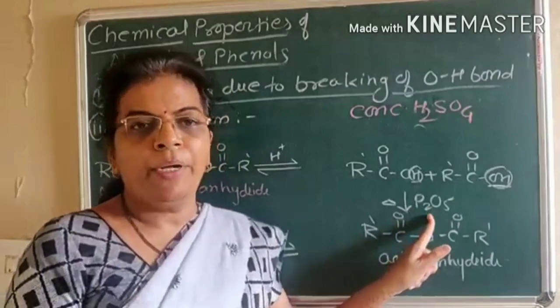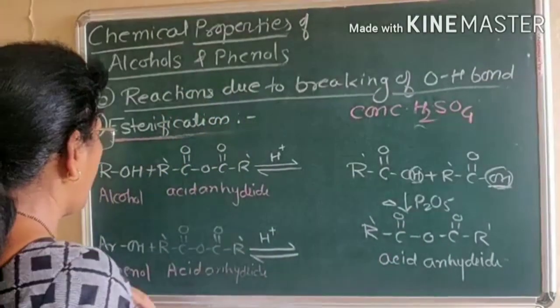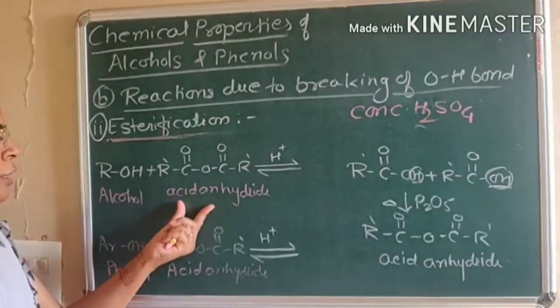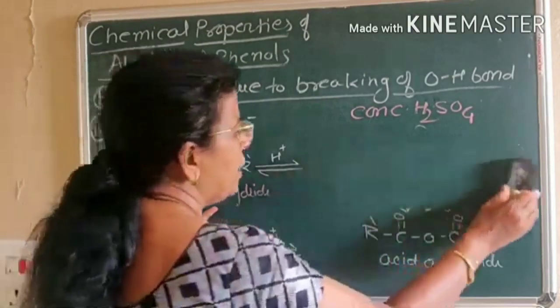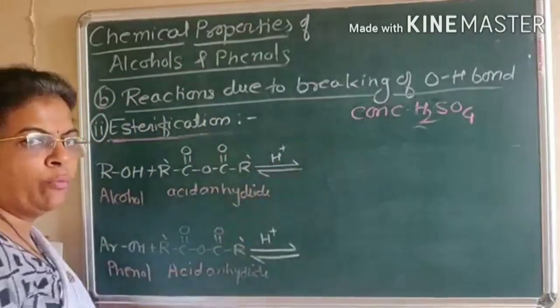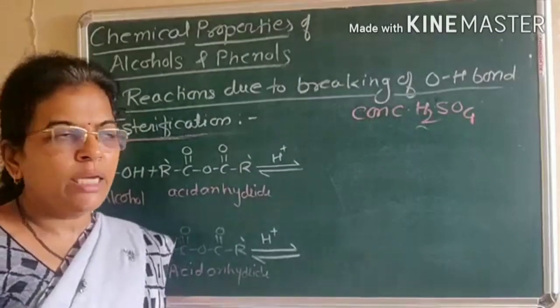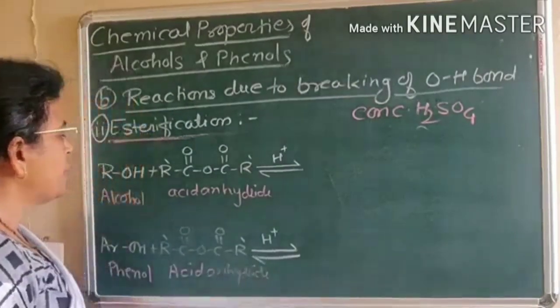In this way, acid anhydride is formed by the intermolecular dehydration of two similar carboxylic acids in presence of phosphorus pentoxide. Now when this alcohol is treated with acid anhydride, esterification takes place. This reaction is carried out in presence of concentrated H2SO4, that is, in acidic medium. Now what happens here?